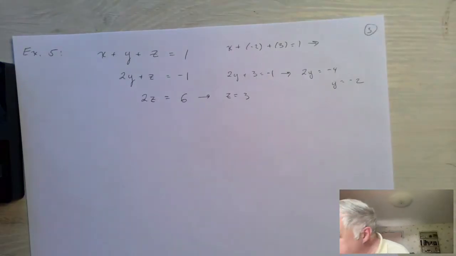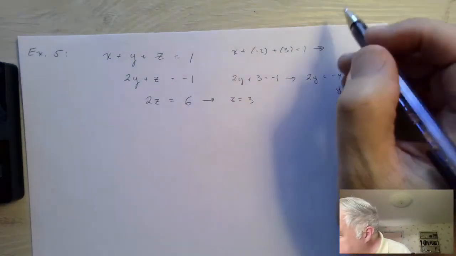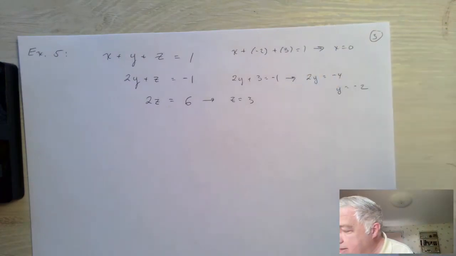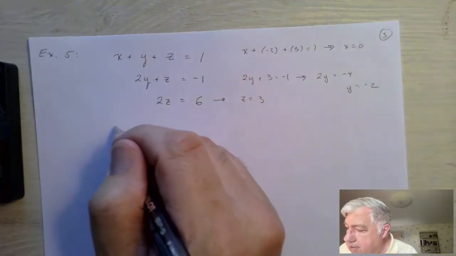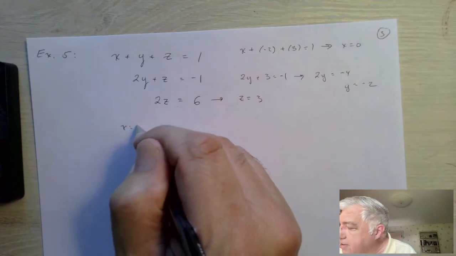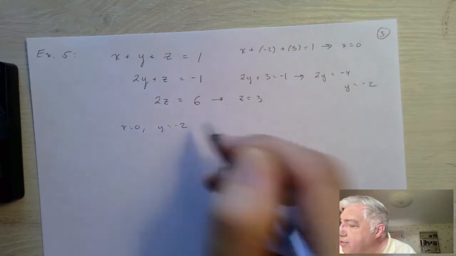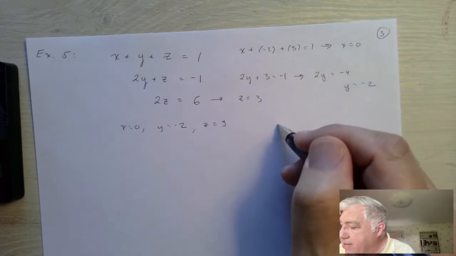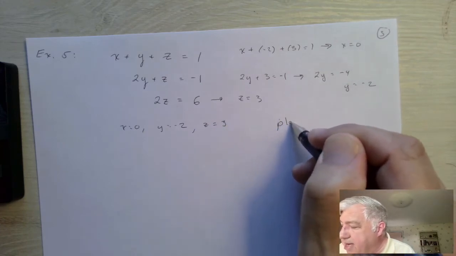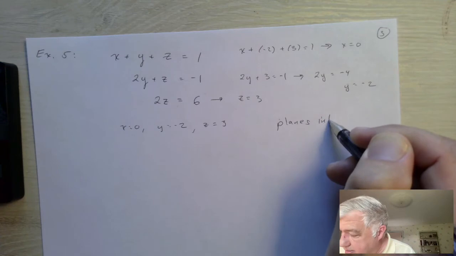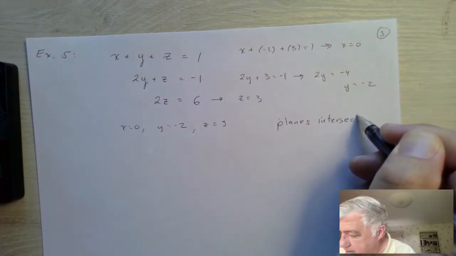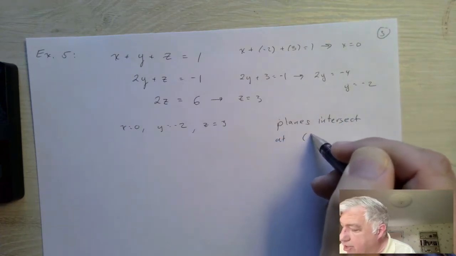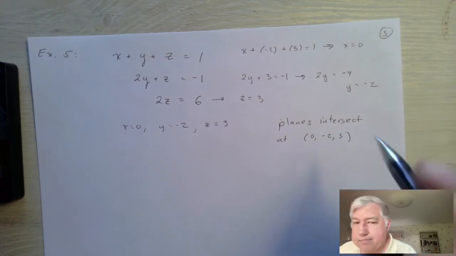That tells us that x has to be 0. So the solution is x equals 0, y equals negative 2, and z equals 3. Or we can say the planes intersect at a point, the point 0, negative 2, 3.